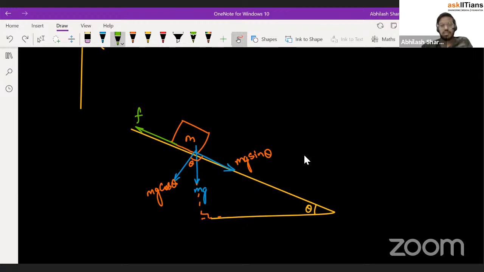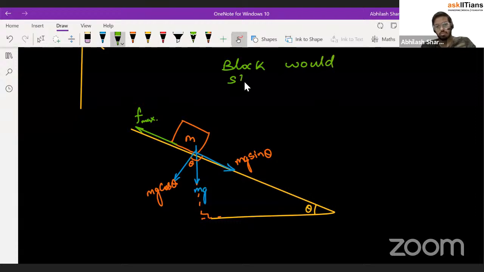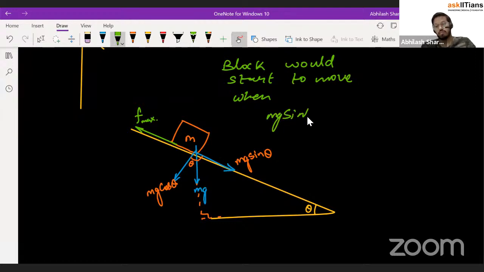And it happens to win after it has exceeded the limit of friction. When even the maximum friction is acting, and mg sin theta is able to overcome it, the block would move. So we'll write here, block would start to move when mg sin theta becomes greater than the maximum value of friction.